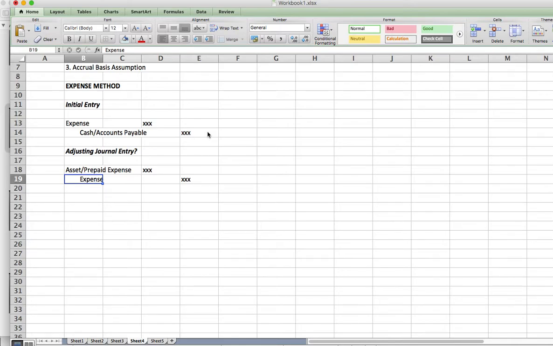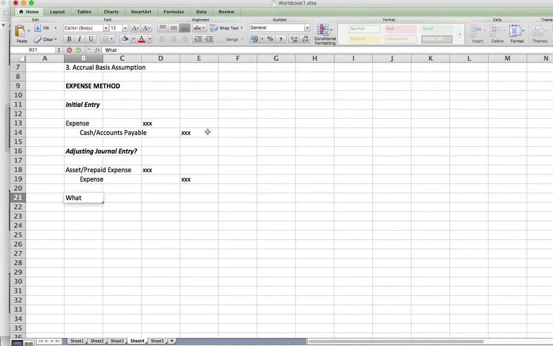Bakit credit expense? Because we have to reduce the expense which was originally or initially recorded. Since not all of the expense initially recorded were really expensed, then we have to reduce an amount equivalent to the remaining asset. Yan dapat ang adjusting journal entry.